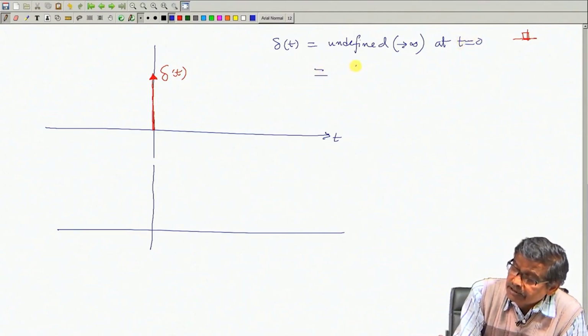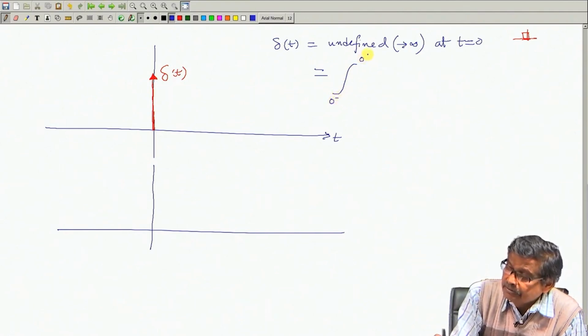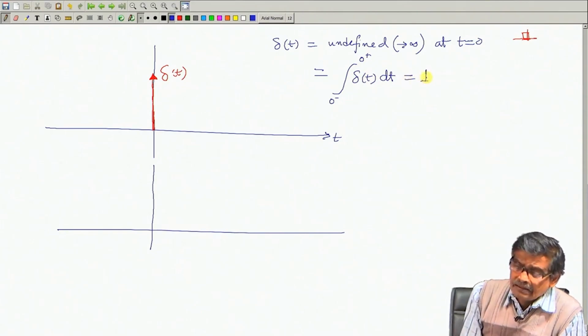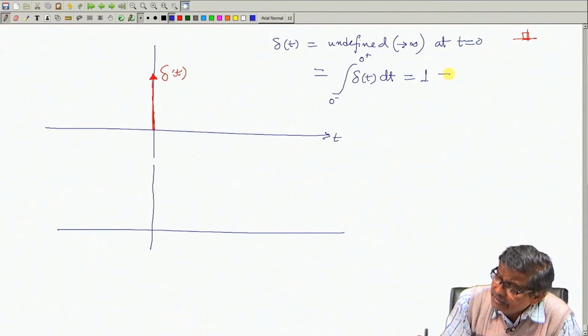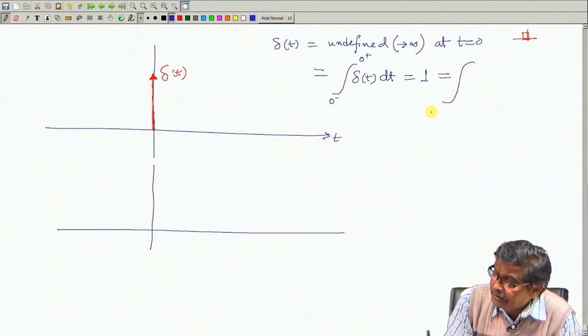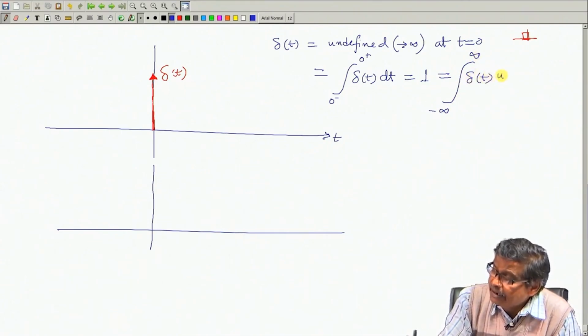But what is important is this calculation: integral from 0 minus to 0 plus of delta(t) dt, this we have discussed in some detail earlier, this is equal to 1. And obviously, the integral from minus infinity to infinity of delta(t) dt is also 1.